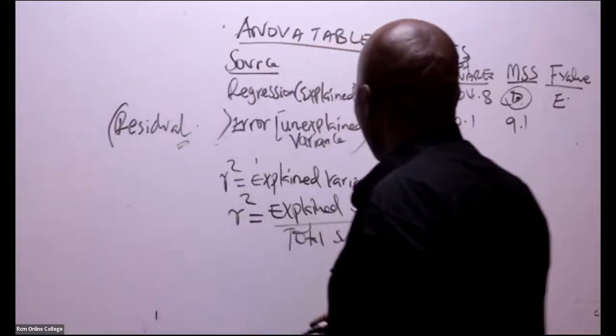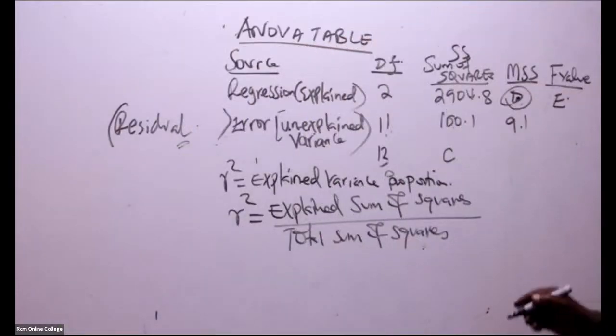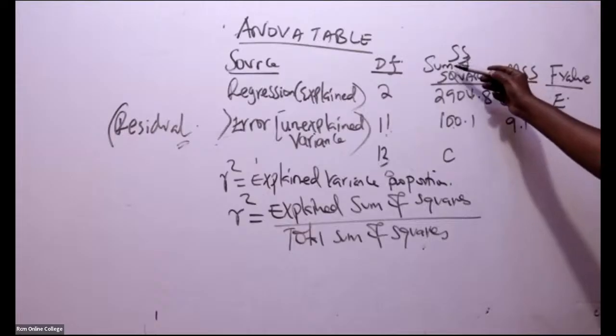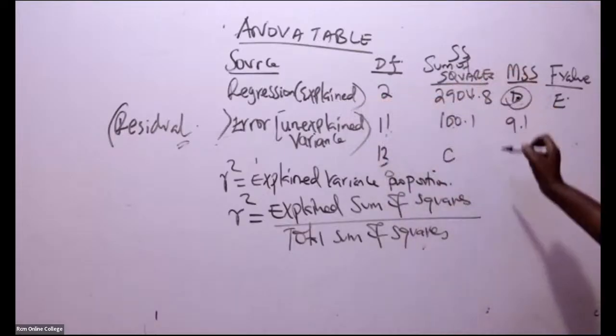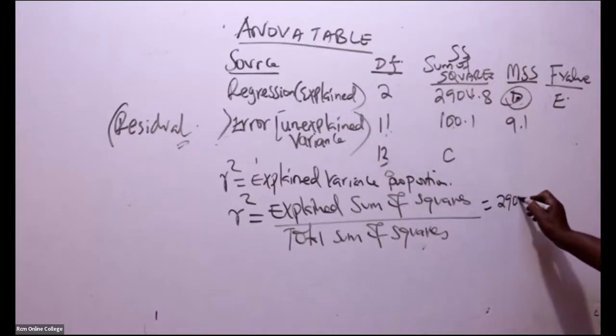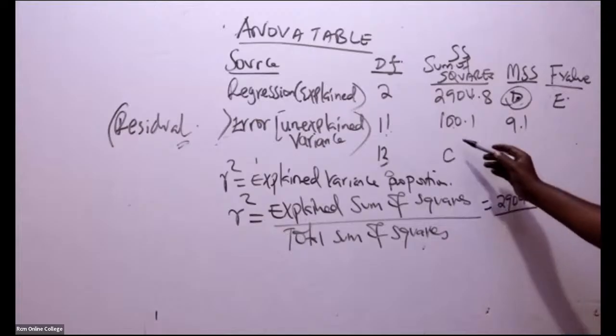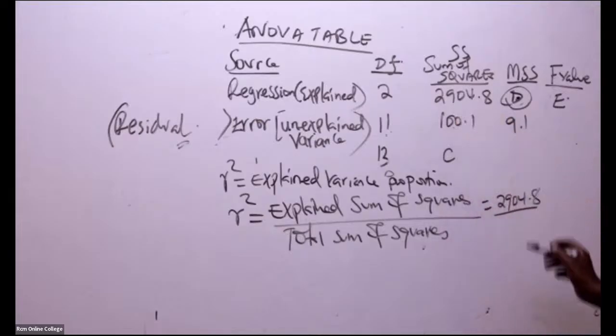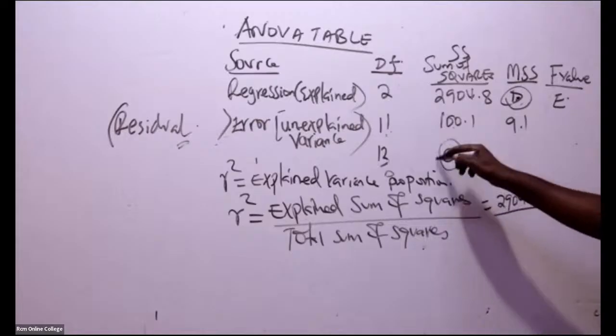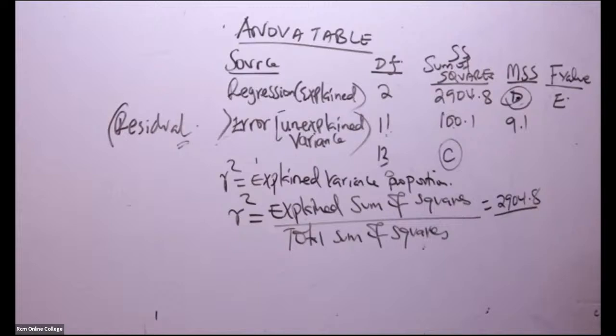So you take the explained sum of squares all over the total sum of squares. Fortunately, we have the sums of squares. Explained is this one, 2904.8, all over the total. You guys had added this and gave me a figure of 30 something. You got this total here, the total sum of squares.